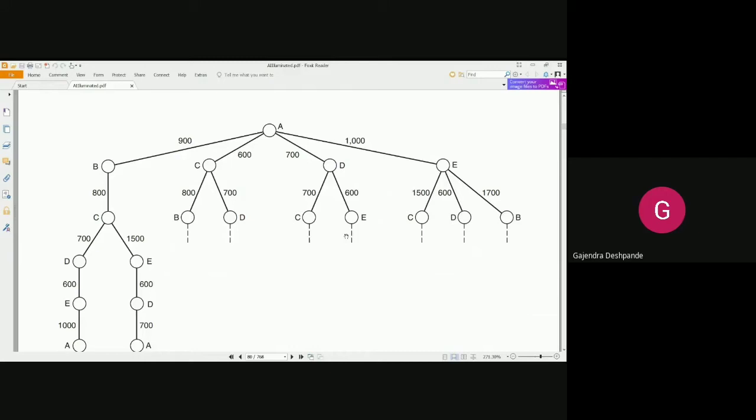Now let's consider the alternative path. 900 plus 800 is 1700, then 3200, 3800 and 4500. So note here that on the leftmost path we have two solutions. The leftmost path gives us 4000 miles, whereas the next path gives us 4500 miles.